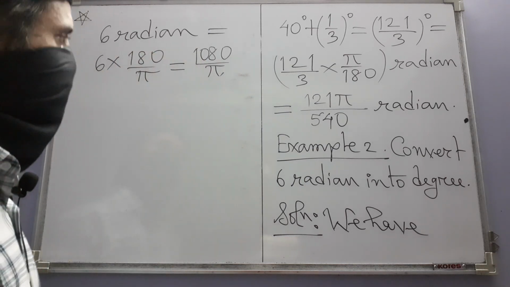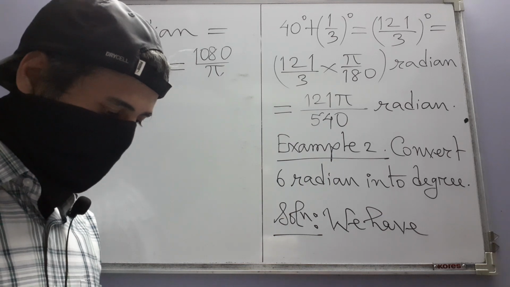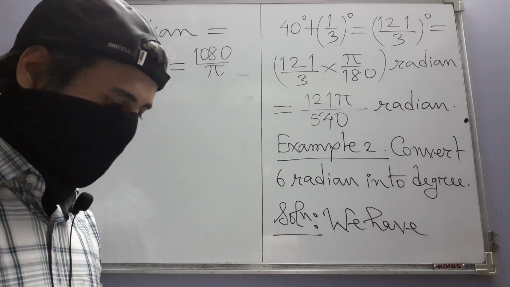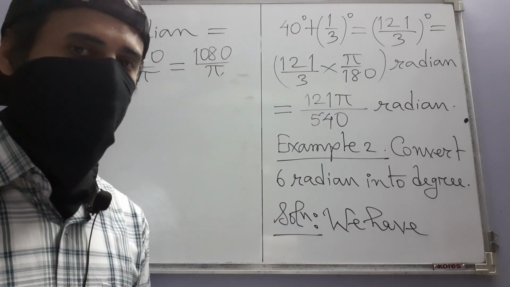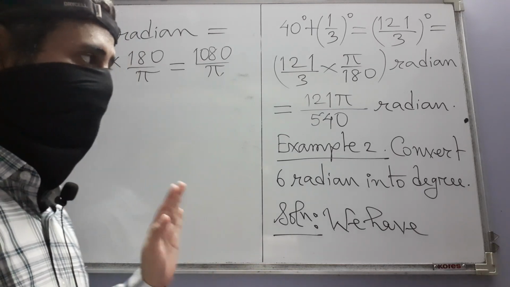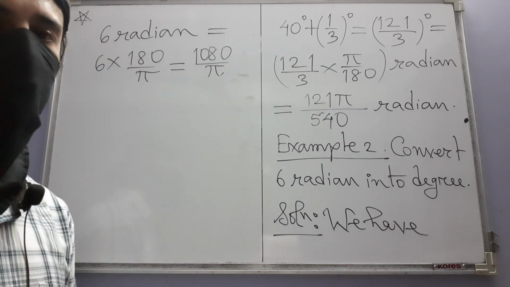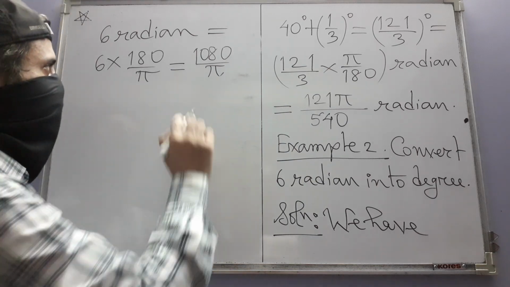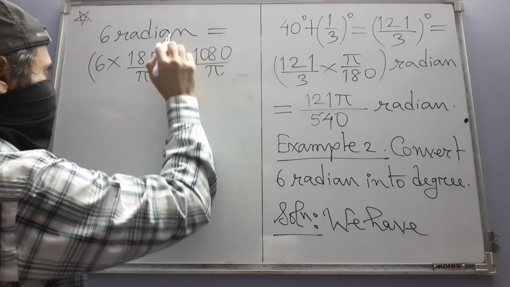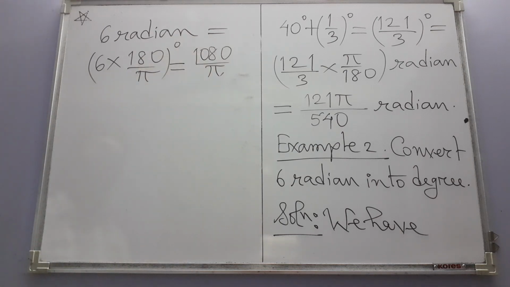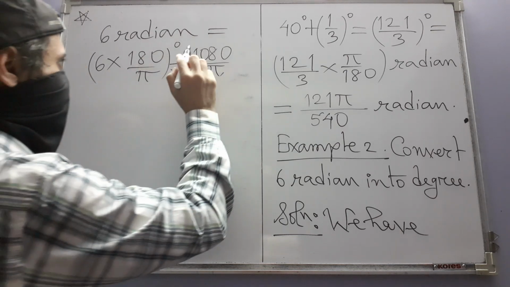In the book, some approximation has been used. 22/7 has been used in place of pi. However, I am not going to do that. Let me keep it like this. And do not forget, I myself forgot here, the moment you have converted, you write the unit, that is degree.